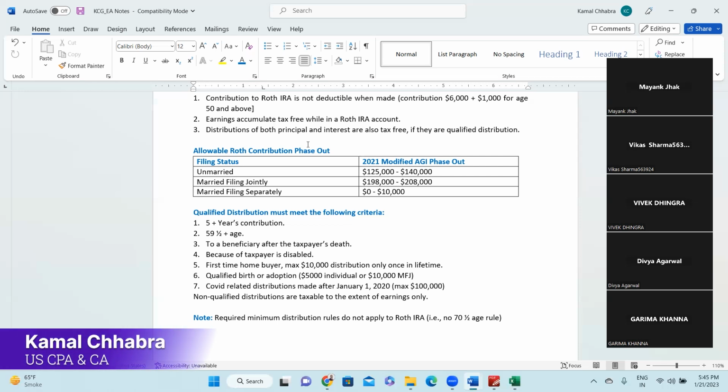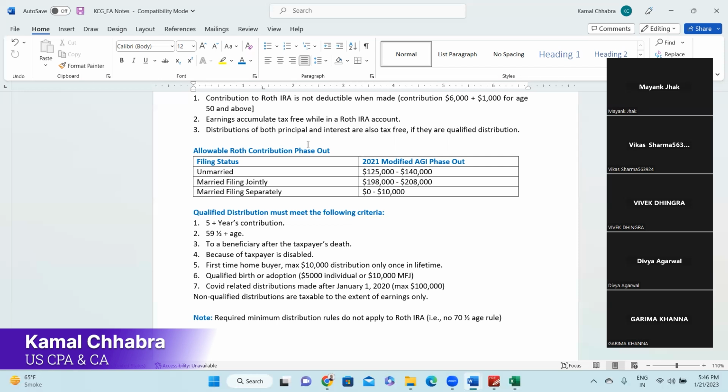Fourth is because the taxpayer is disabled. For any reason, if the taxpayer becomes disabled and he or she needs money to take care of himself or herself, in that scenario also, the tax law is generous and it is not taxable. So these are exceptions for withdrawing the amount before the 5 years or before 59.5 years of age.